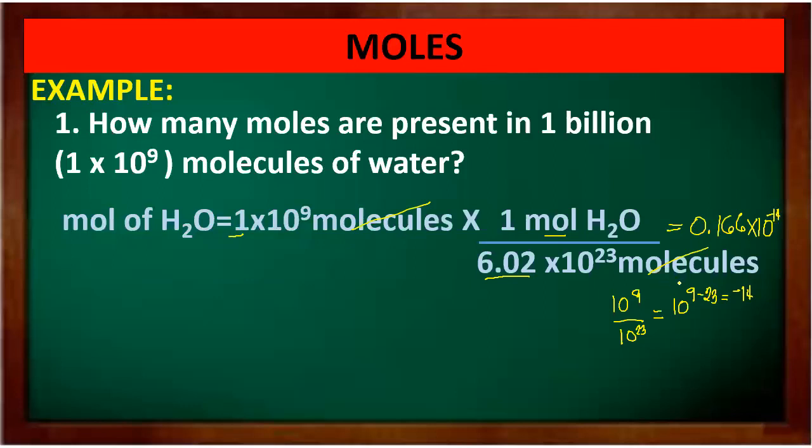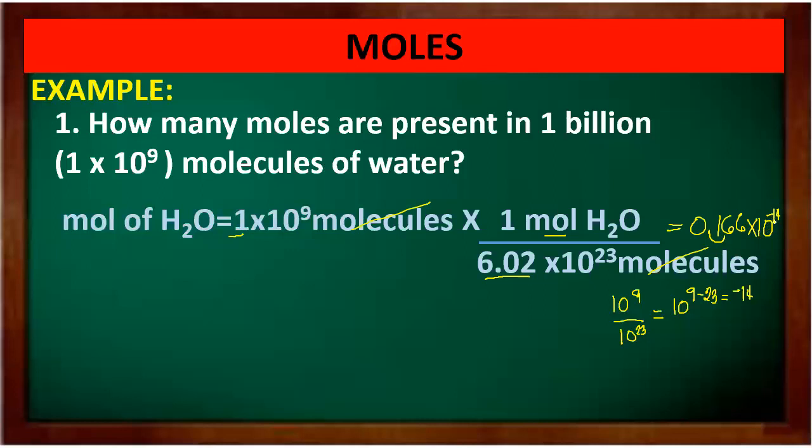So since in scientific notation, kailangan meron isang number in front of your decimal point. So we move this, okay, one decimal place to the right. Pag namumove tayo, okay, if you have seen our video on scientific notation, when you move decimal places to the right, yung exponent natin ay nagiging negative. Okay? So, negative 14, isang place ang na-move.